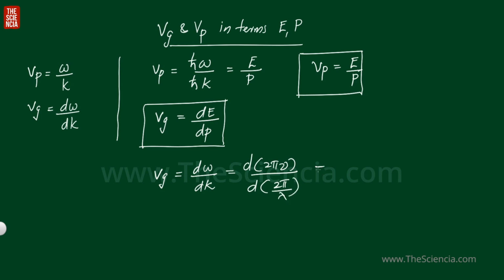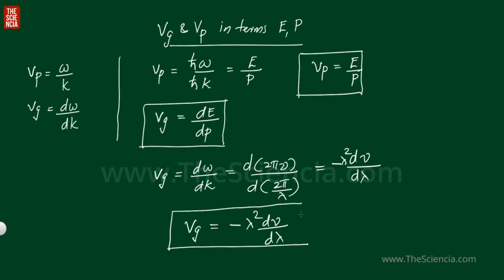So what do we get? 2 pi cancels, and we get d nu by the derivative of 1 by lambda, that is minus d lambda by lambda square. So this is another expression for Vg, that is equal to minus lambda square d nu by d lambda. Some special cases.